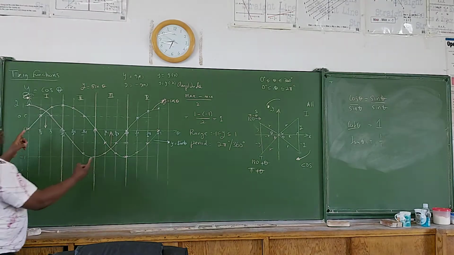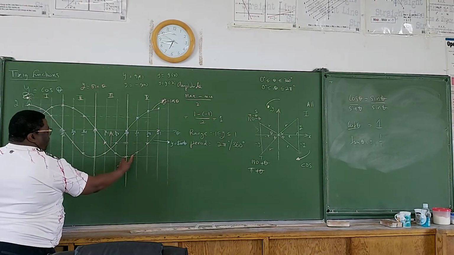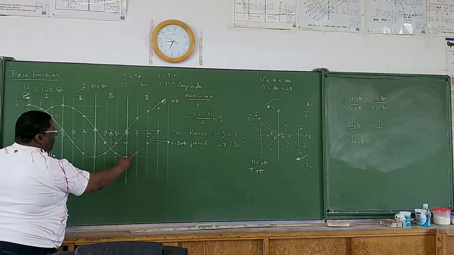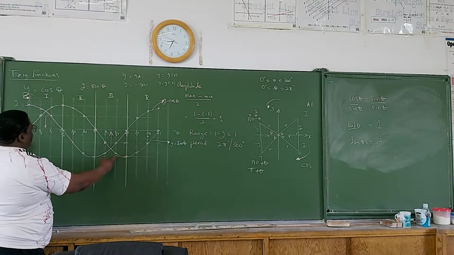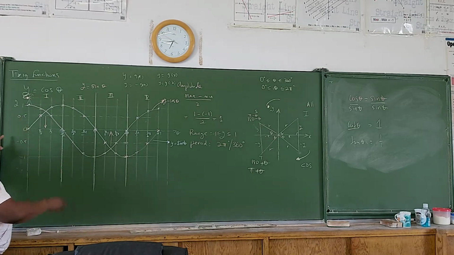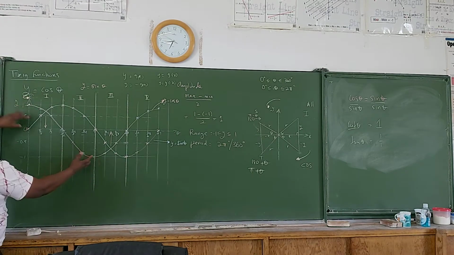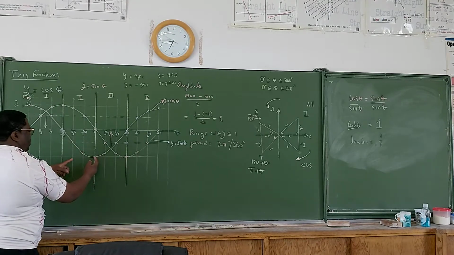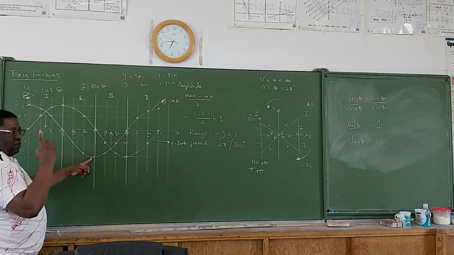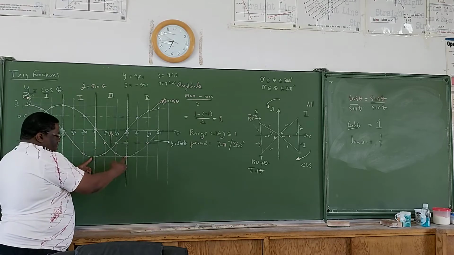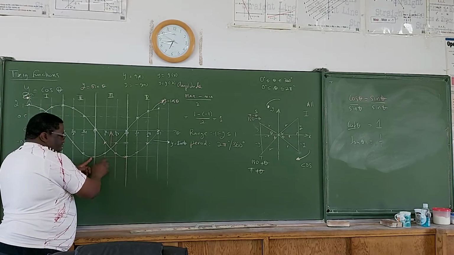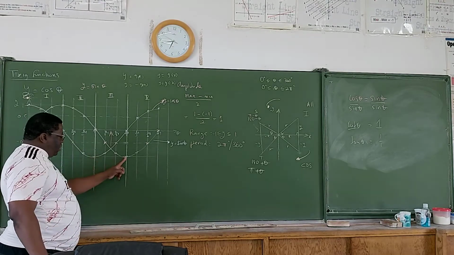If I take the y curve, the sine theta, this curve, and I move this curve, I shift it from where this point is to where this point is. What is the angle here that I shifted? From here to here.